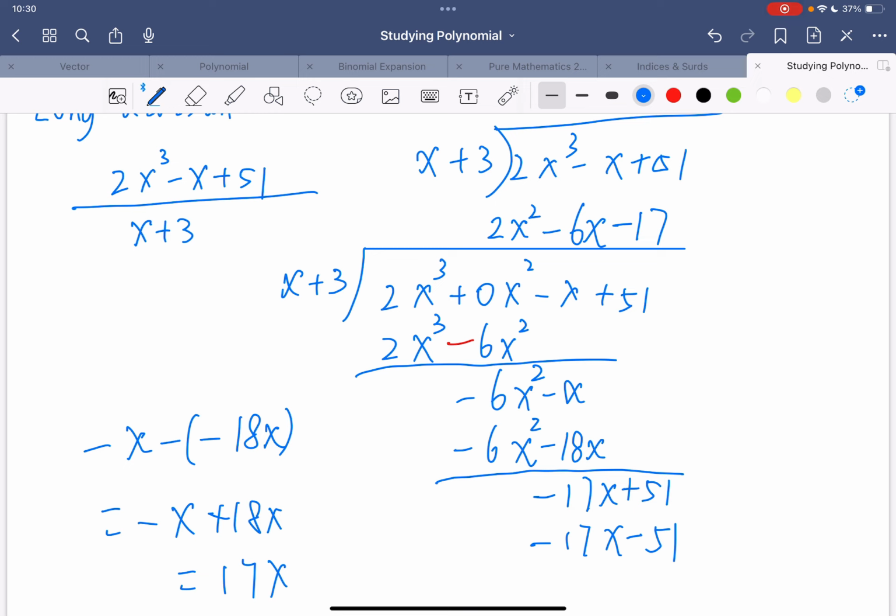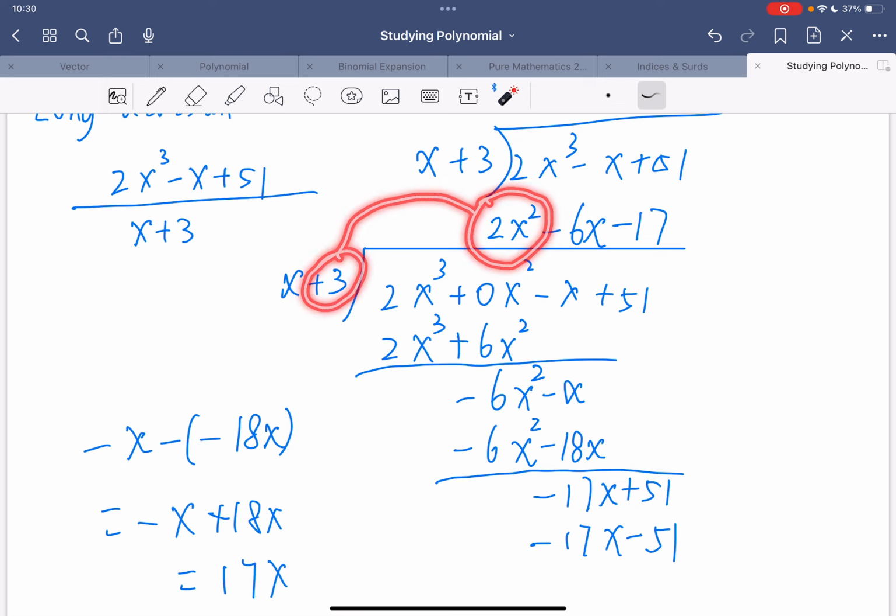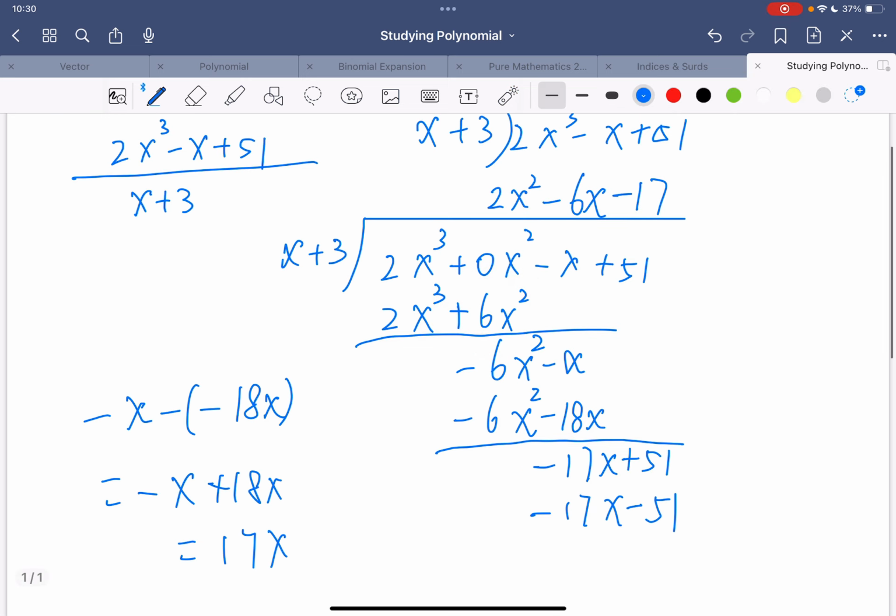Is there anything wrong with the answer? Yes. I don't know if you have discovered that the negative sign should be changed to positive, because positive 2 times positive 3 equals positive 6. So we need to change the following sequences, this one and this one.